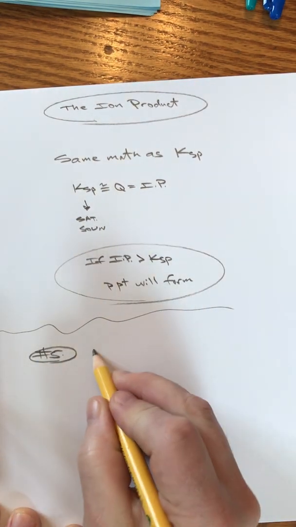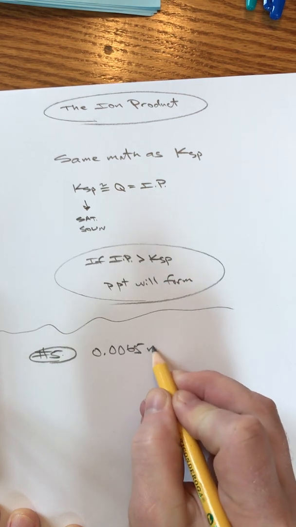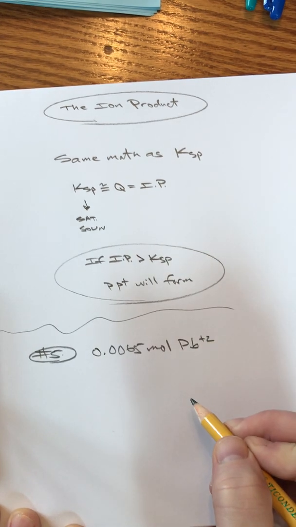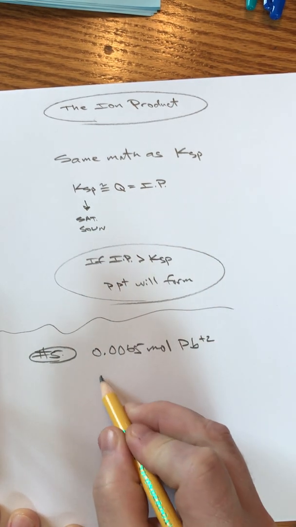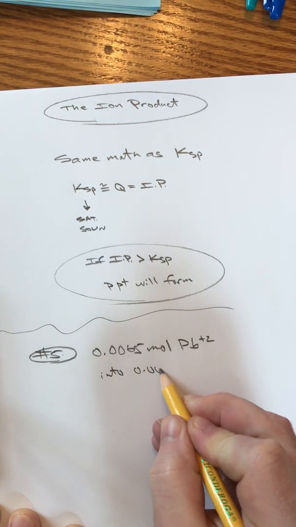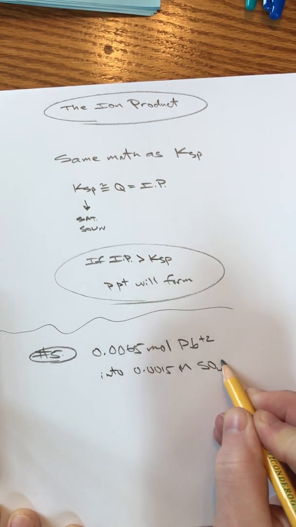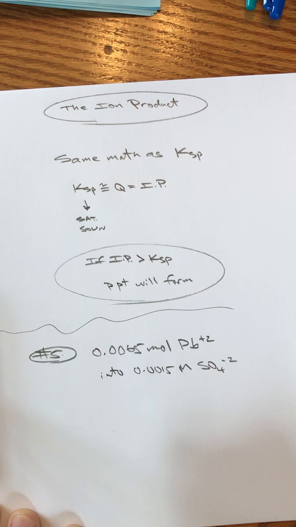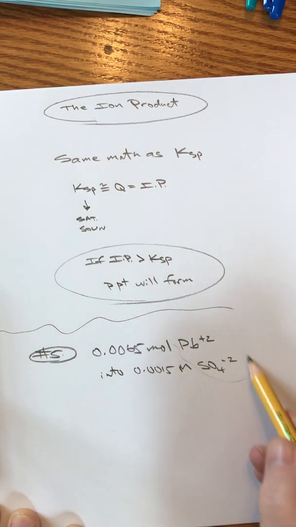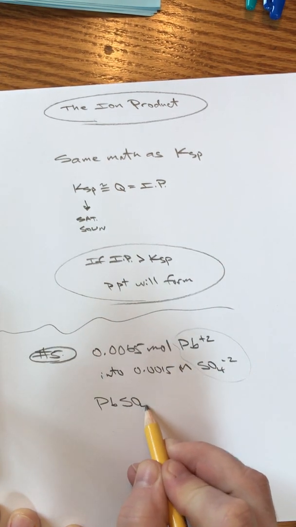And it says you've got 0.0065 moles of Pb plus 2 ions, and they're added to 0.0015 molar sulfate ion solution. So basically, they didn't tell you who the partner was here, but if you put these ions together, you would get PbSO4.